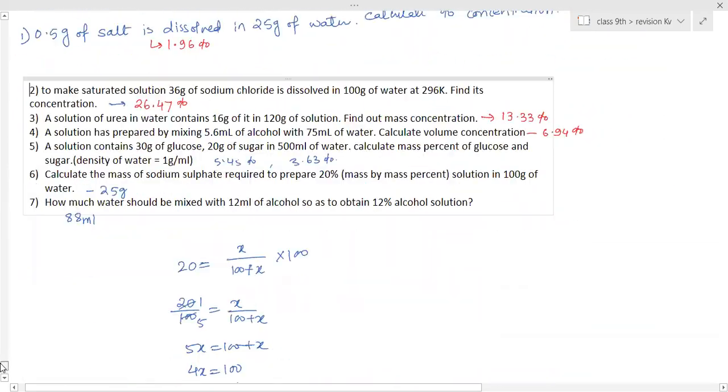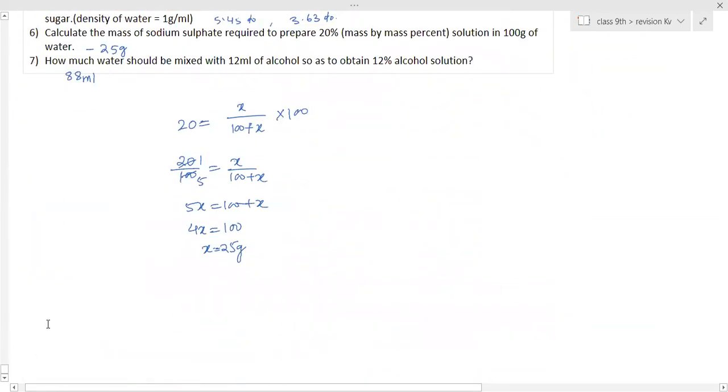Then what are the different components of a solution?